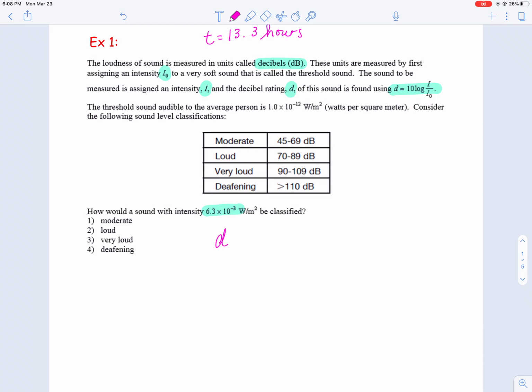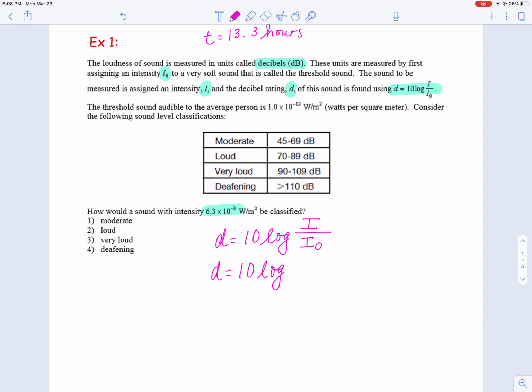So we're going to first take our formula. D equals 10 log. You know it's base 10 because there's no base written, and they have I divided by I sub 0. We're just going to plug in for both of those. I is your intensity.